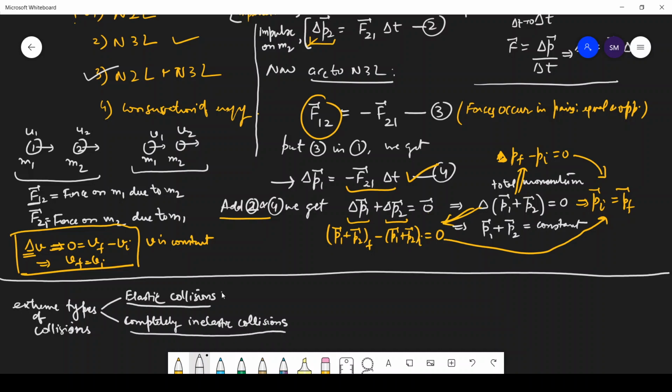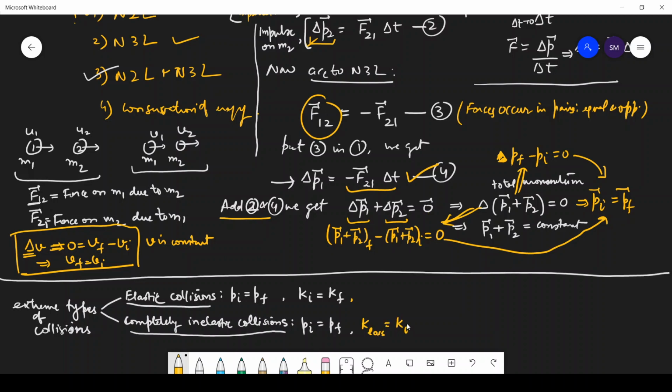In elastic collisions, the initial momentum is equal to final momentum. Whenever the word collision is there, initial momentum is equal to final momentum. Here in elastic collisions, kinetic energy is also conserved. But in completely inelastic collisions we have a loss of kinetic energy.